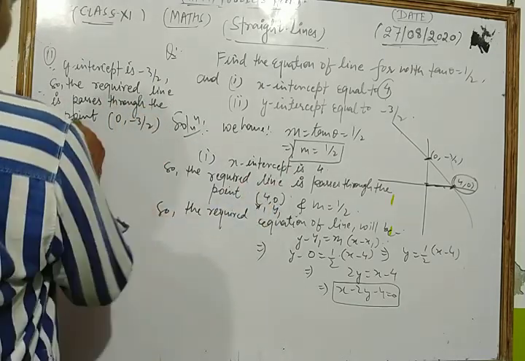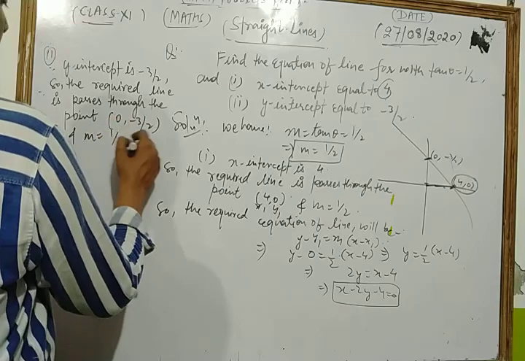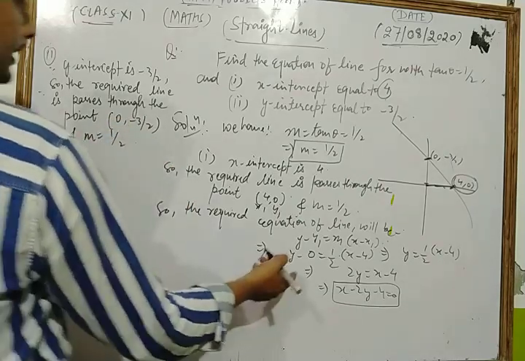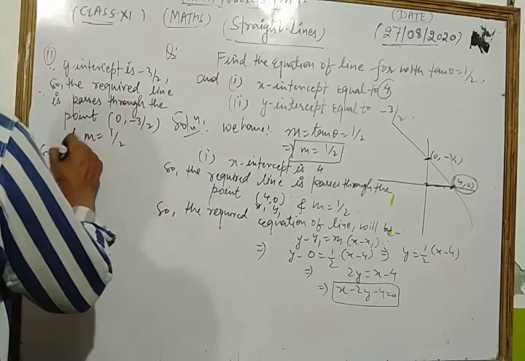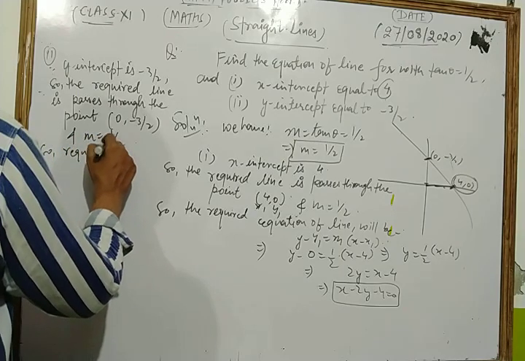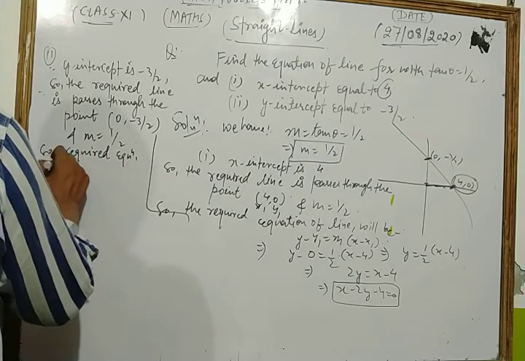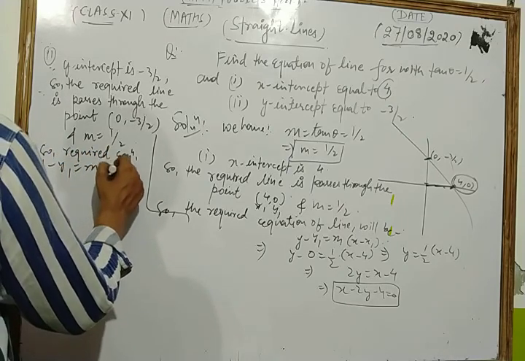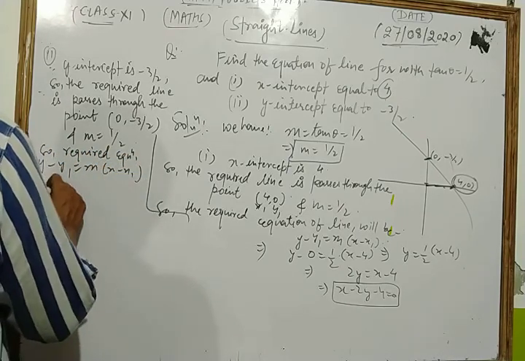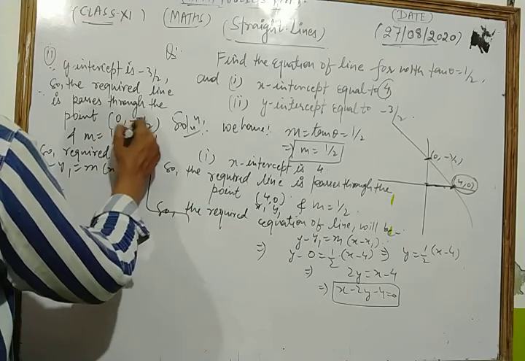Now m is always 1 by 2, take that. So the required equation of line according to this concept is y minus y1 is equal to m times x minus x1. Here this is x1, this is y1.